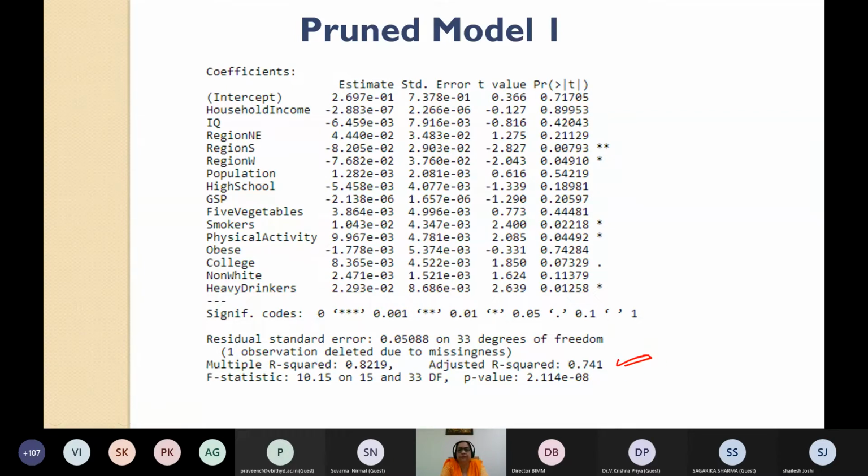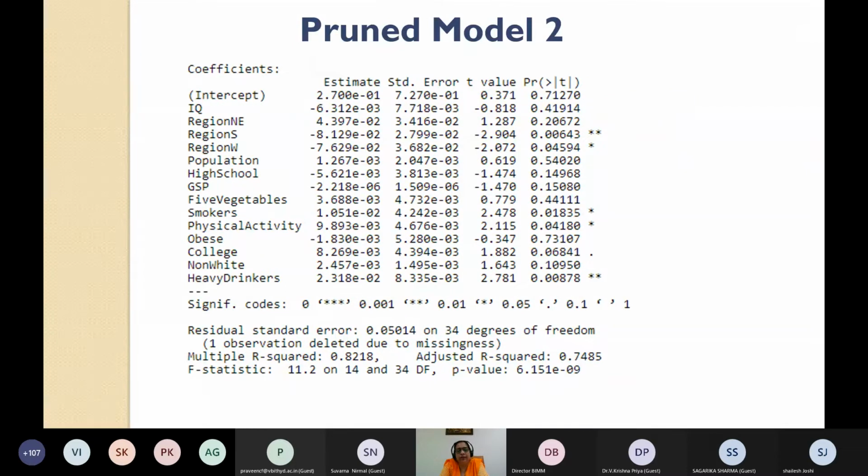Let's take it further. The next lowest value of T is identified as the household income. So try to remove that from the equation and analyze the impact. The computer again removes it and gives you the other variables by removing these two. So again, the value has increased.